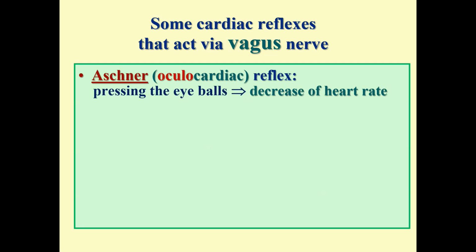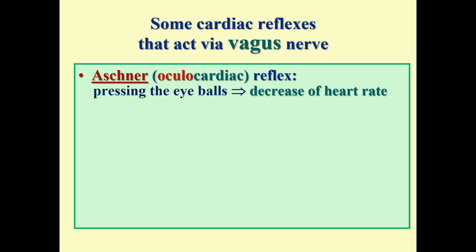The mechanism of this reflex goes from receptors in the eye, and these impulses from mechanical receptors are sent through the oculomotor nerve to the medulla, and then it goes to the vagus nerve nuclei, and from the vagus nerve nuclei down the vagus nerves, the peripheral nerves, it goes to the heart and decreases the heart rate.